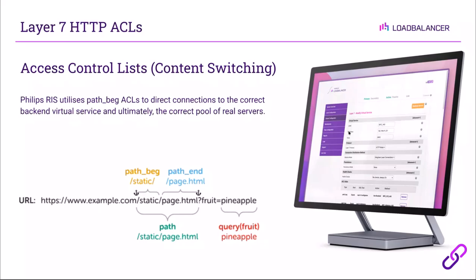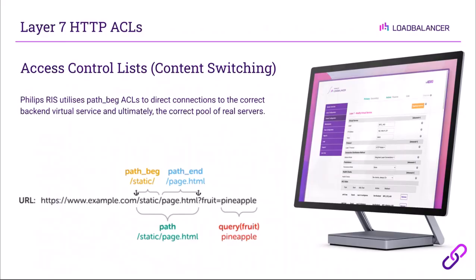And now let's talk about the ACLs, the access control lists, that allow you to switch the content a bit. As said before, with the RIS deployments, we use multiple backends, and when we go further, you will notice that we have a lot of ACL rules on that main VIP, the main virtual service, which then sees the URLs, for example, and for particular URLs, it redirects to the backend that is associated with that URL.